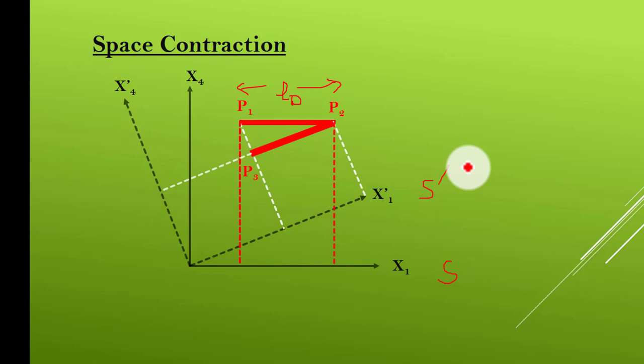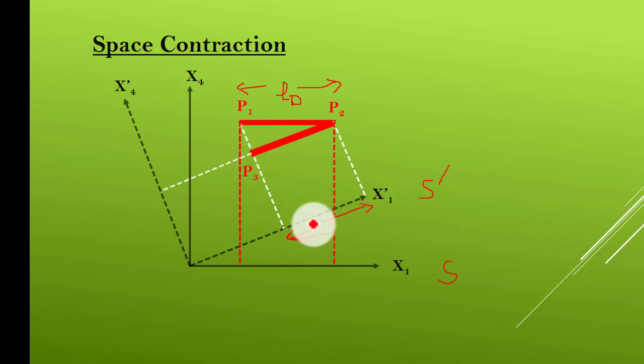So what I have done here is, to draw its length in this frame, from its two ends I have to draw perpendiculars. These are the perpendiculars drawn over the space axis, because we have to measure its length. So this interval gives its length, the length of this rod in the S prime frame of reference.